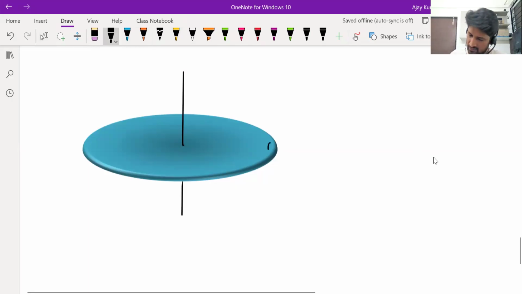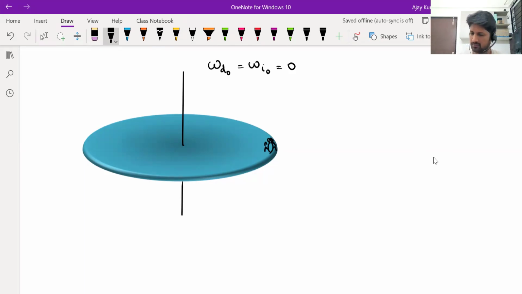And the insect is somewhere here. Right. Now, if the insect wants to walk along the disk, friction has to come into play. Initially, angular velocity of the disk and angular velocity of the insect were 0. Now the insect wants to walk along the circumference. So when you want to walk, friction is what helps you walk. So friction on the insect has to act tangentially like this.